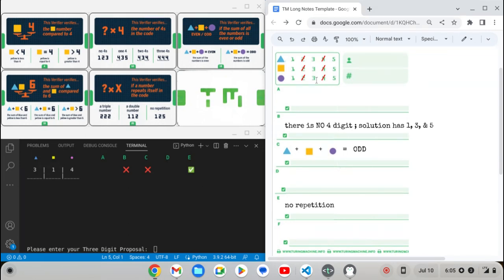Again, if the sum is 6, square will tell us which one it is. Is it less than 4 or greater than 4? Triangle would be the other one. Let's see. And of course, circle would be 3. If not, then what would the sum be? Would the sum be less than 6, greater than 6? I guess there are multiple.